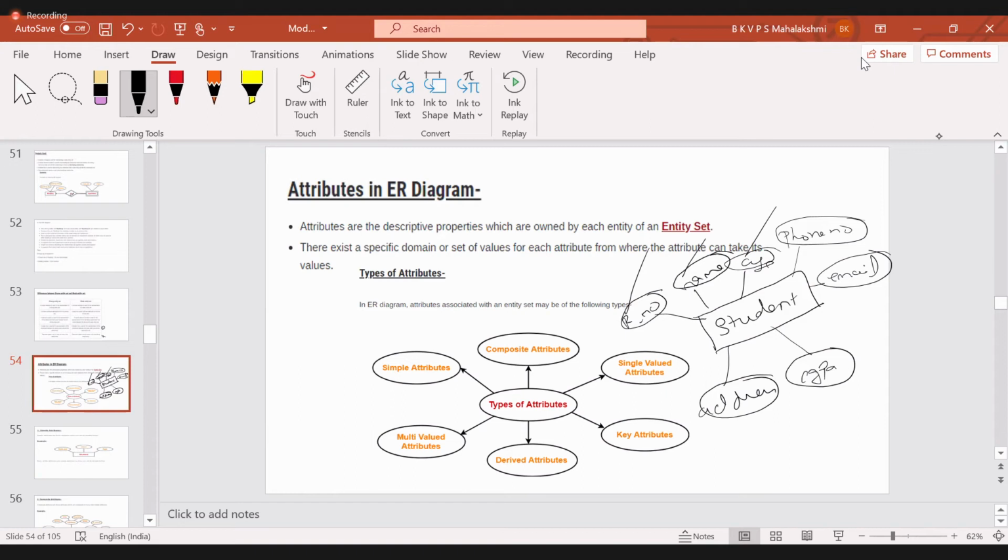Understand? So, is it unique to a person or does it differ from person to person?